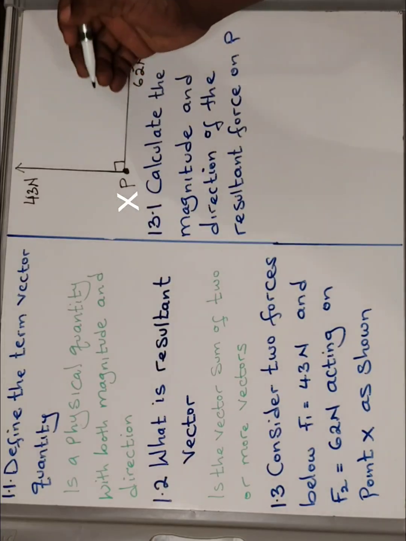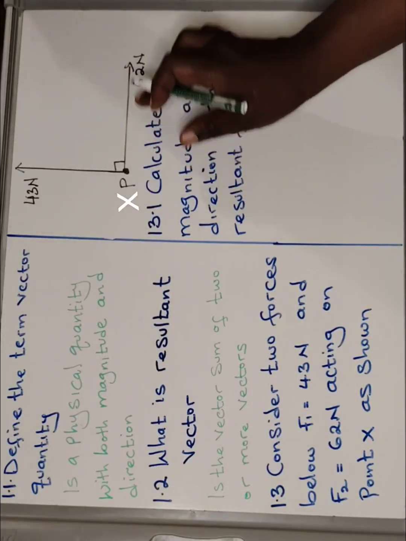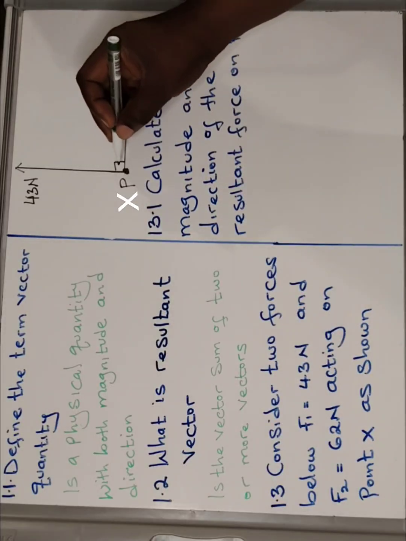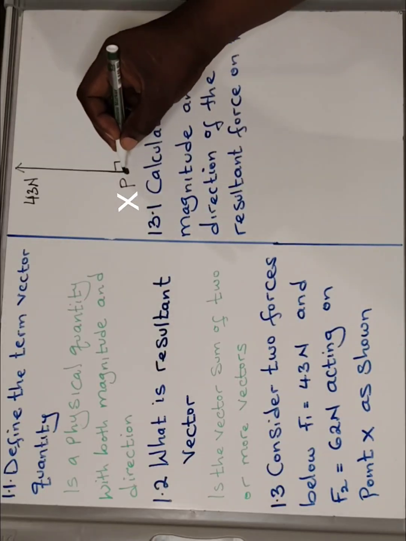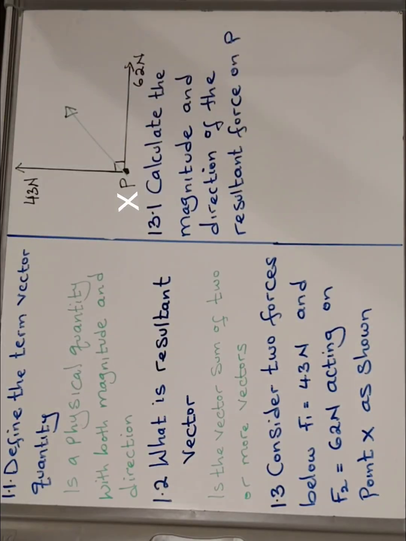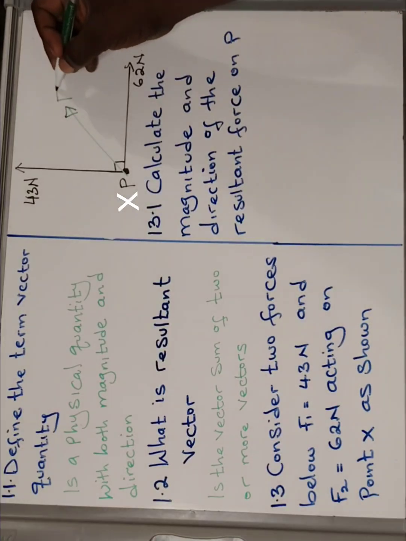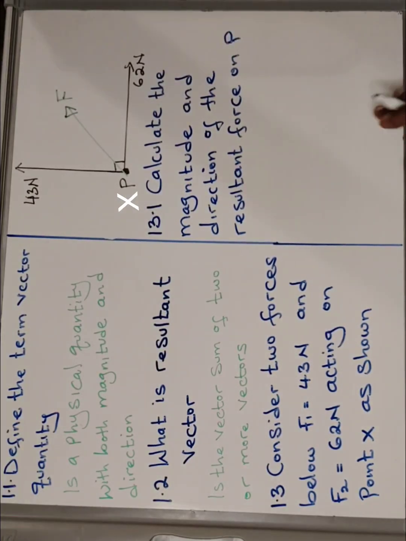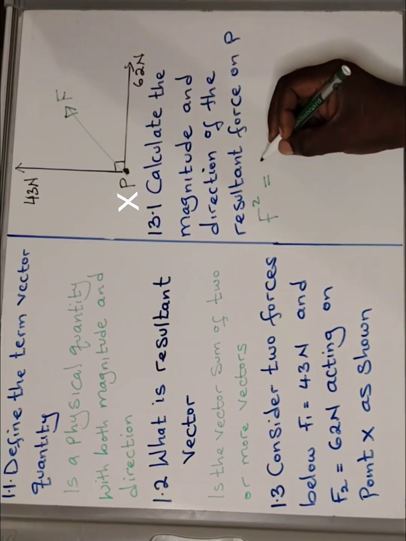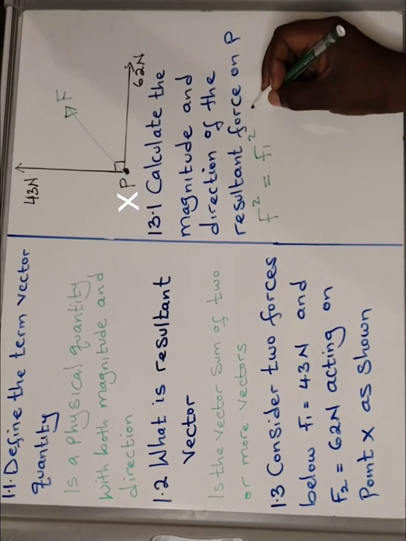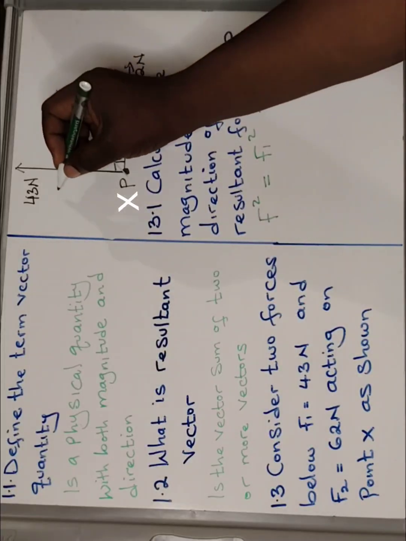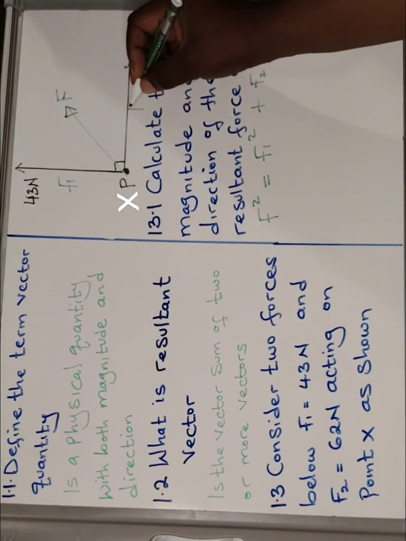If we go back to this arrangement where this one is pulling this side and that one is pulling this side, if we want to ascertain where the resultant force will be, it is very clear that it will be here. If we call this resultant force F, we can simply say F squared is equal to F1 squared plus F2 squared, on the assumption that we call this one F1 and that one F2.